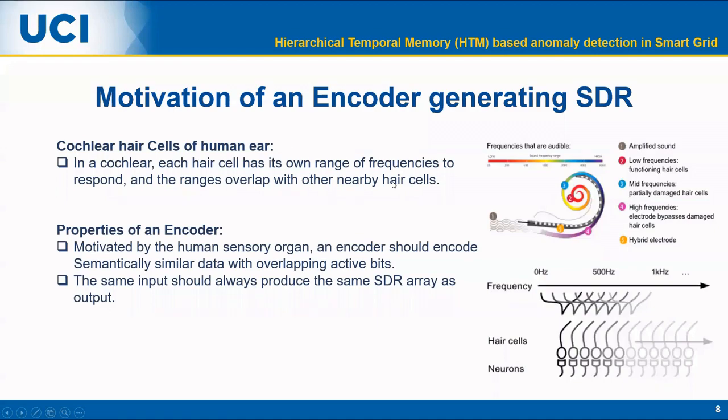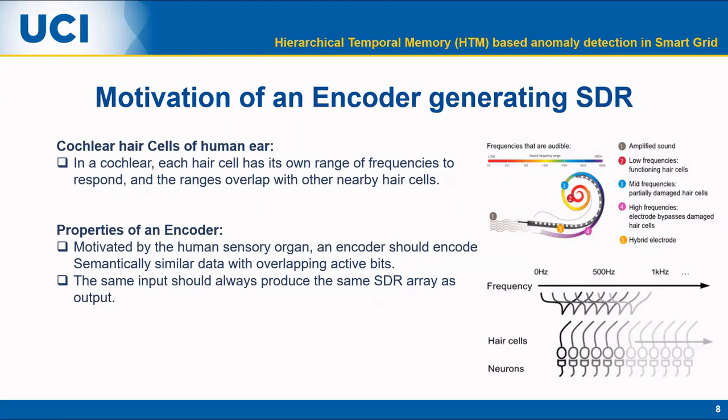The functionality of the encoder is motivated by the human sensory organ. The human sensory organ generates some form of SDR from the input signals. The encoder also does the same. Let's consider the human ear as a motivating example. In our human ear, we have cochlear hair cells.